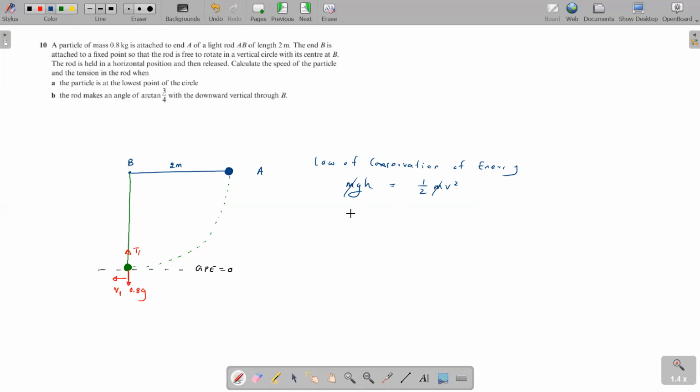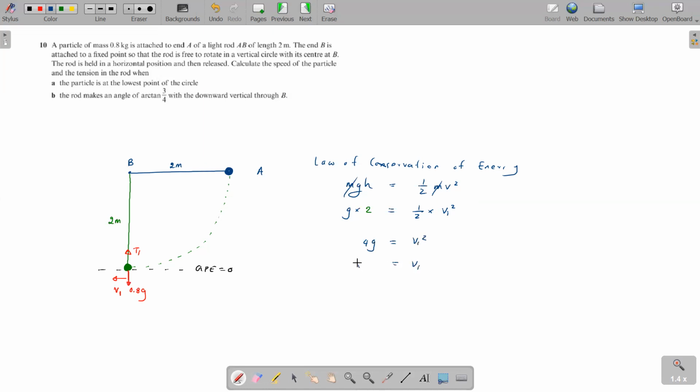So M cancels out. So G into height, and you can see very clearly height is the radius, the length of the rod, so height is 2 meters, equals half into V square. V square is what I'm trying to find. At this point, the speed is V1. So I get V1 square is 4G.